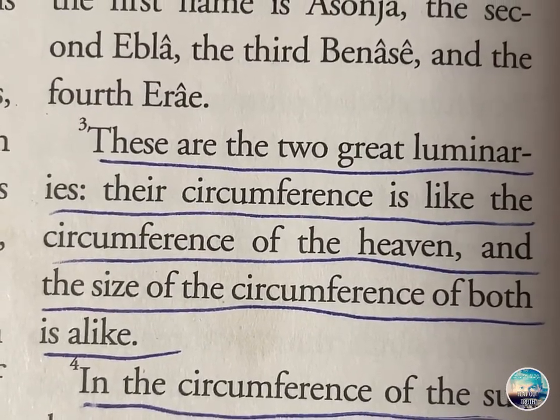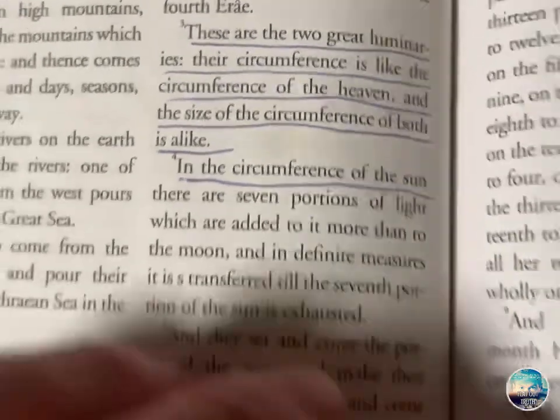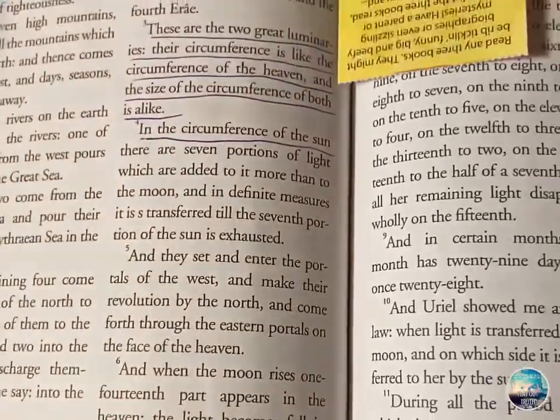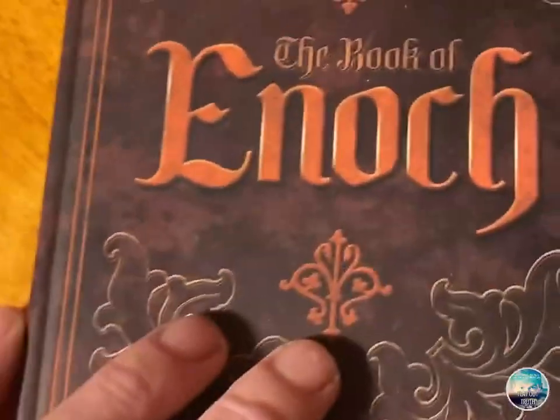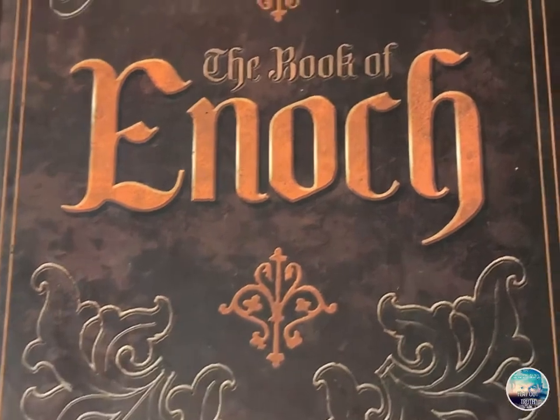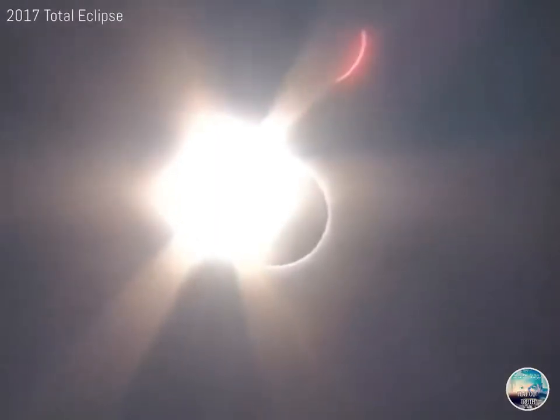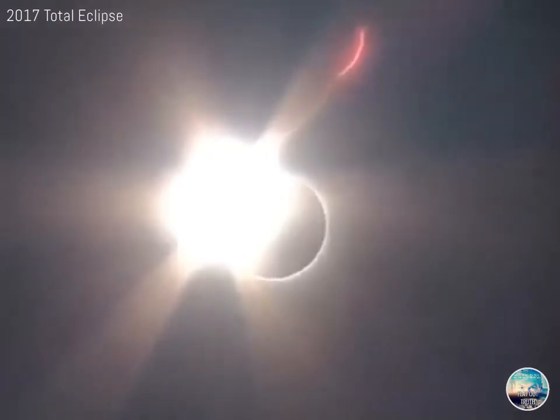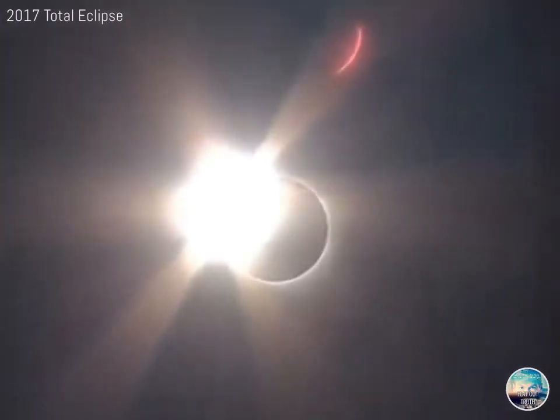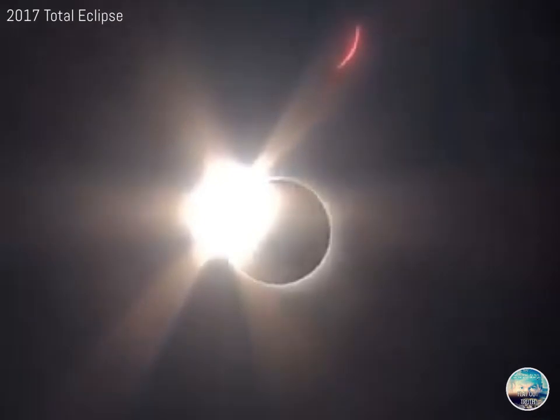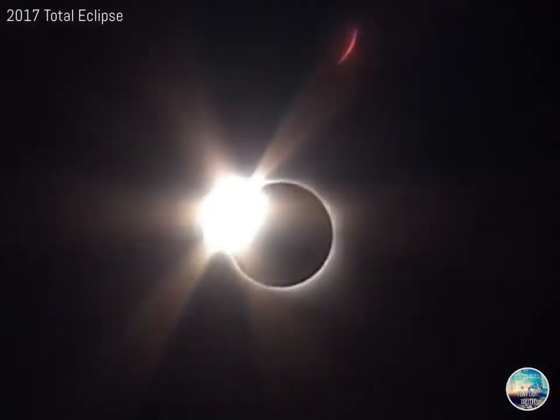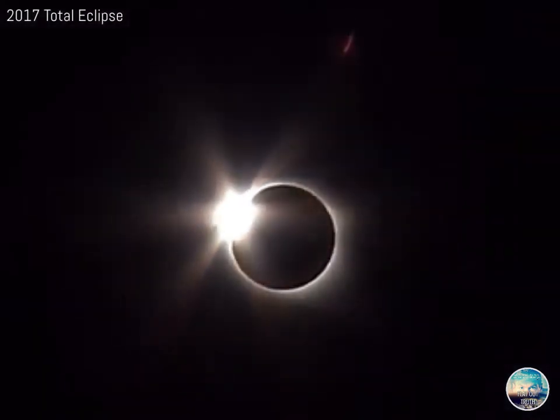So when you look up into the sky and your common sense and your instincts tell you that they both are the same size, it's because they are. Now that you understand that, let's use the 2017 total eclipse to demonstrate how this takes place on the geocentric flat Earth.